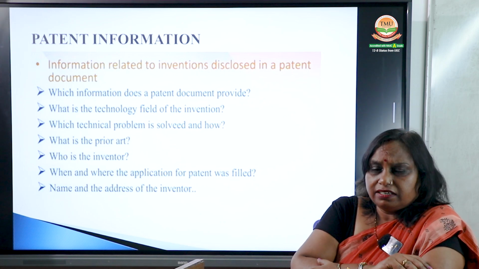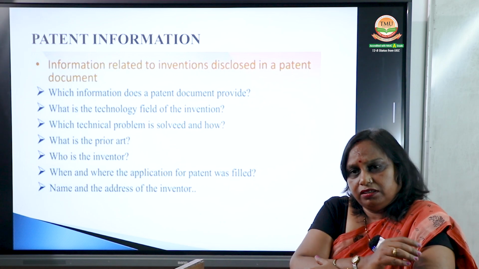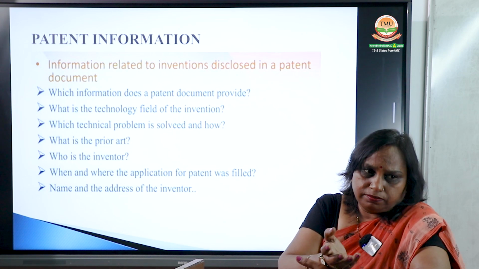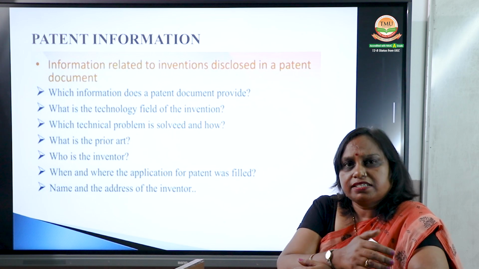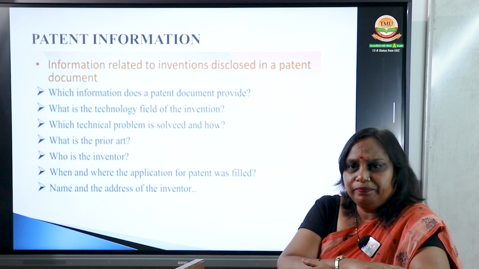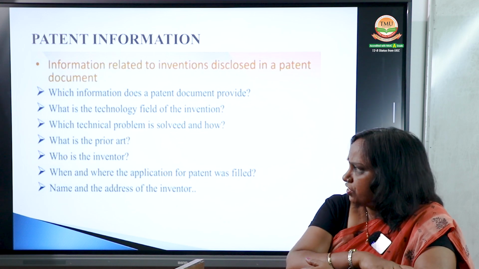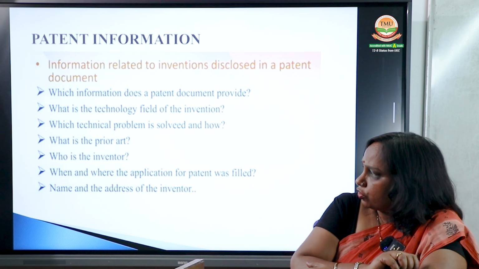Then who is the inventor? It is obviously mandatory to mention the details of the inventor, who has done that particular invention, the name, the age, the occupation, XYZ, all has to be mentioned in that particular document.